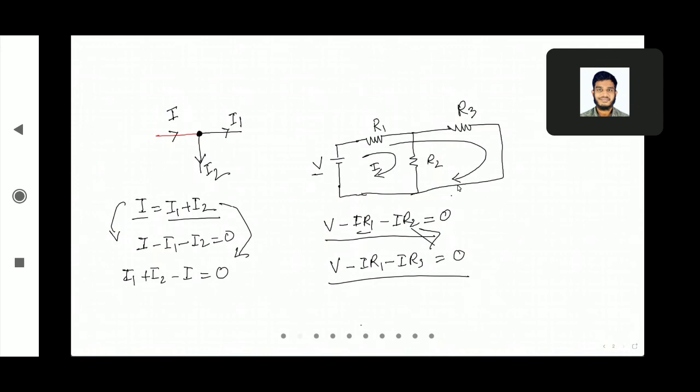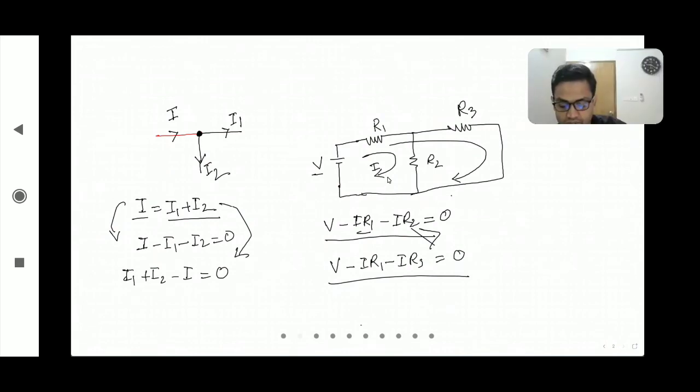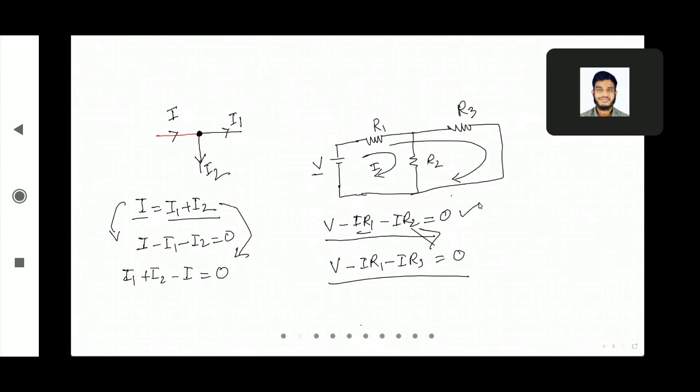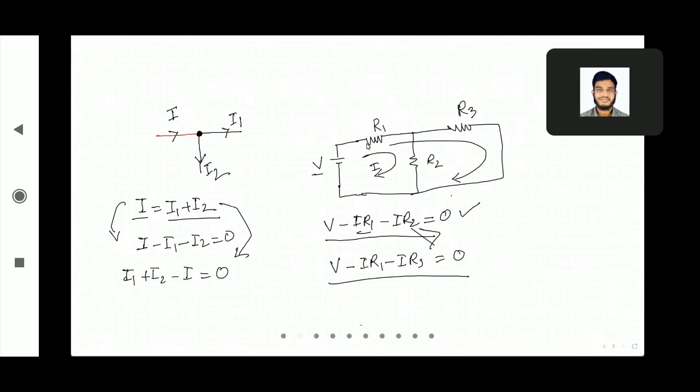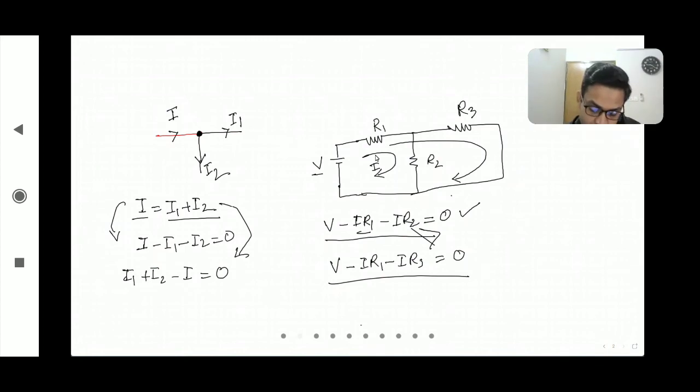Sir, what about R2? R2 is in the first loop. So why isn't it included in the second loop? Look how the current will flow. First, the current will flow in this way, right? That is the loop, right?